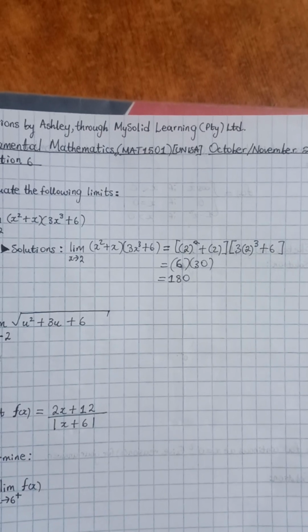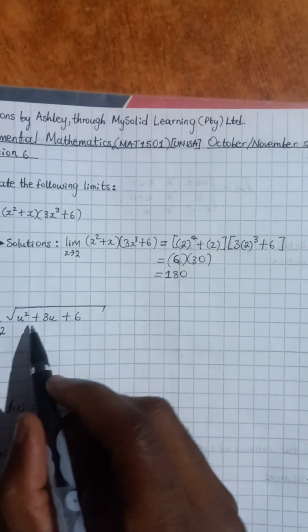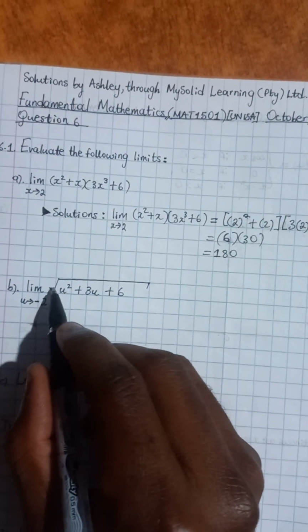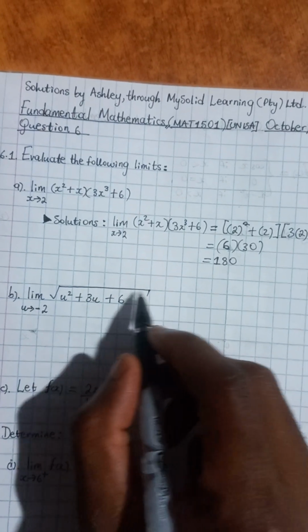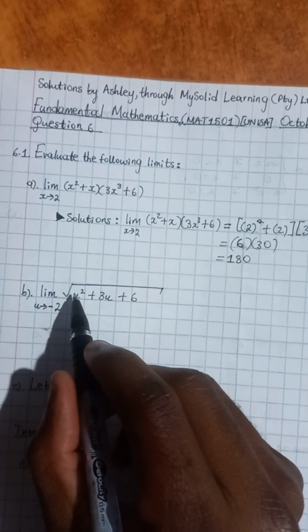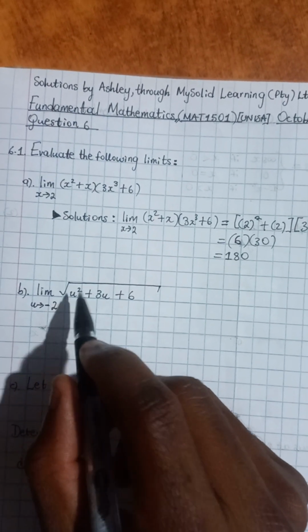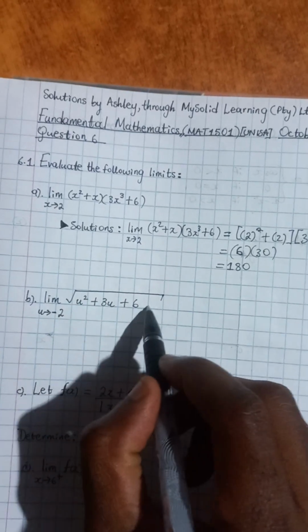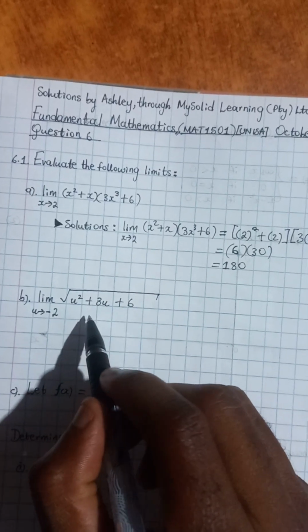Now we come to the second question, which is 3 marks. The square root here, we all know that we're dealing with real numbers, so we can't allow complex numbers. So the whole expression under the square root sign cannot be negative.